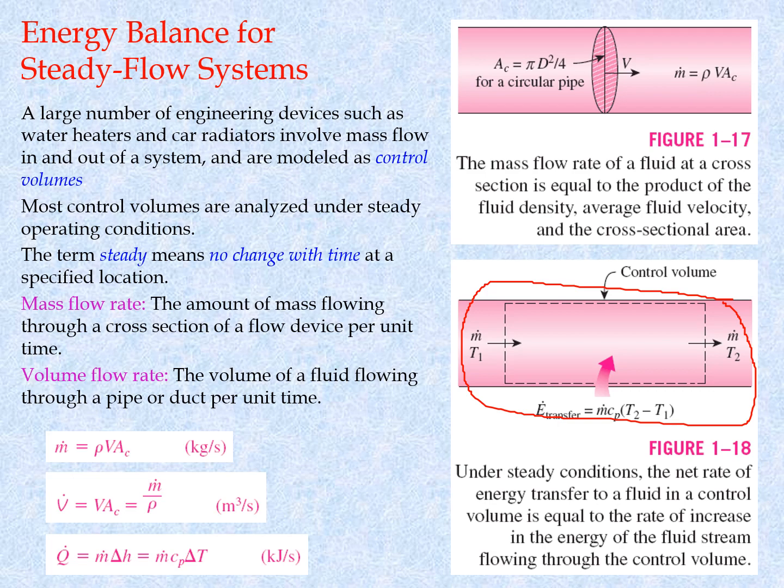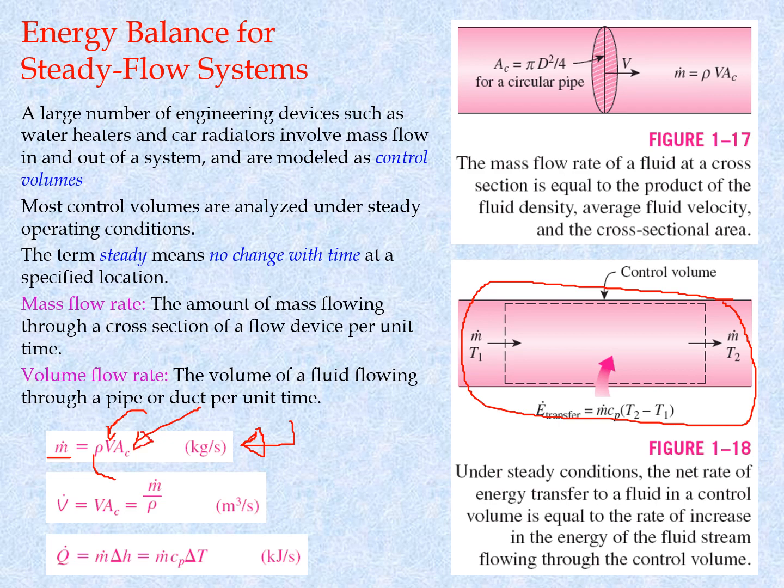Another terminology that you need to know is the mass flow rate, which is the amount of mass flowing in and out of the control volume, and the volume flow rate, the amount of volume flowing through the control volume. So these are the related equations. This is the mass flow rate equation. M dot is the mass flow rate, with the unit kg per second, and we can calculate it based on the density, velocity, and cross-sectional area of the duct or pipe.